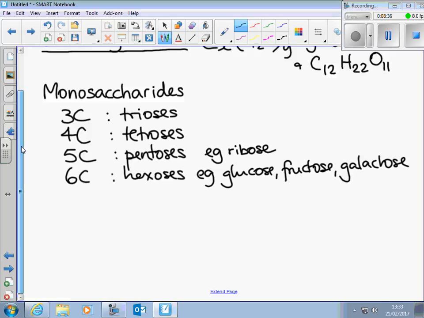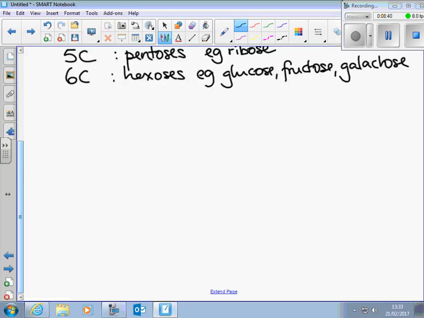You'll see on your sheet that the glucose molecule is drawn out as a straight line. So you've got the linear representation of it, but in fact that's not how it usually exists. You don't usually find glucose in that form. It's usually arranged in a ring shape, and you will find that on one of your handouts.